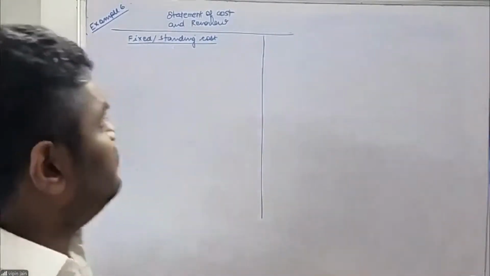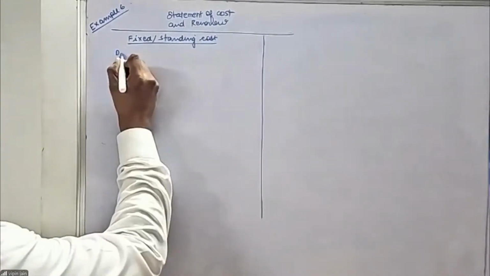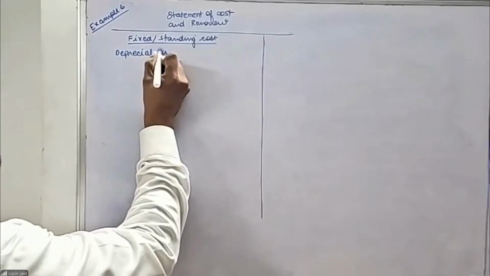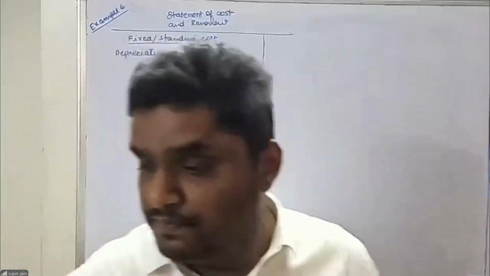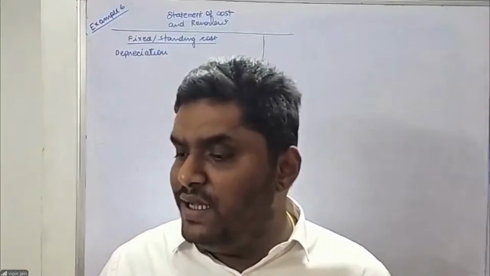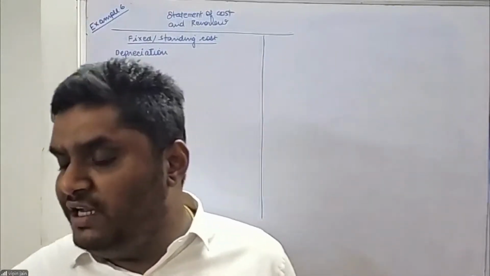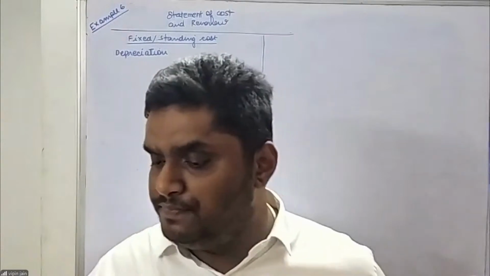So let's start with this question. So herein the cost of bus is 15 lakh and the rate of depreciation is 30% per annum.